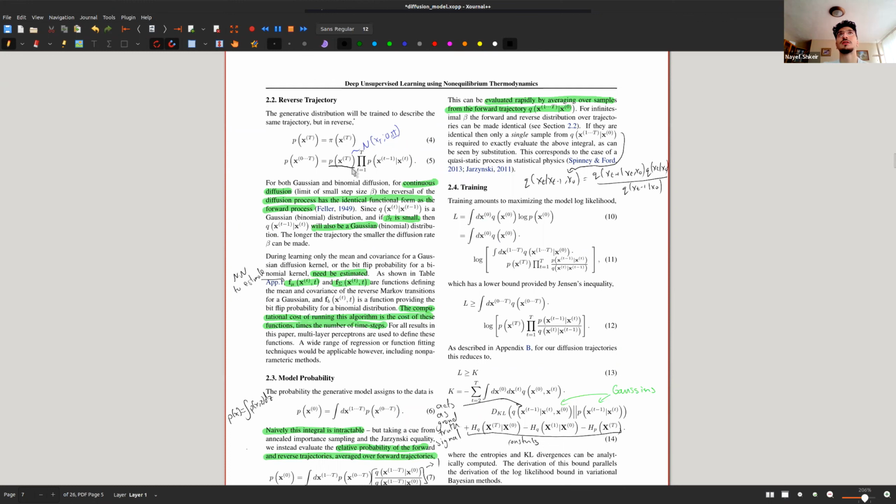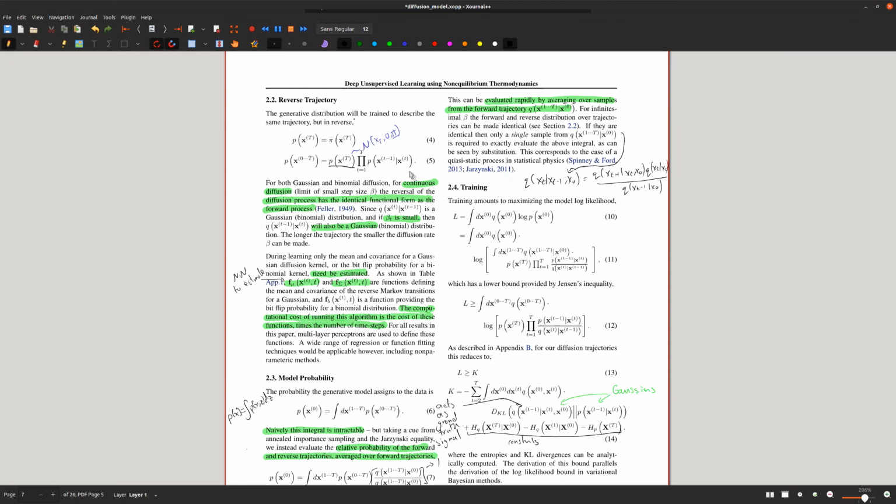So this is your completely isotropic Gaussian, and then you take your next step and put your isotropic Gaussian in, but then you have your mu and sigma that you've learned from minimizing the difference in distributions between the reverse and forward process. So it doesn't really matter that it's an isotropic Gaussian, because you've learned your parameters.